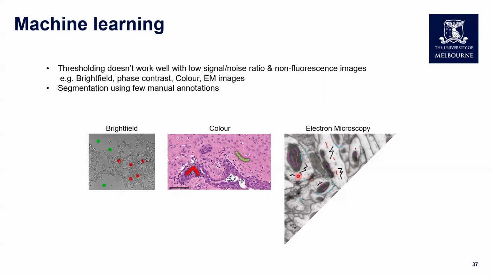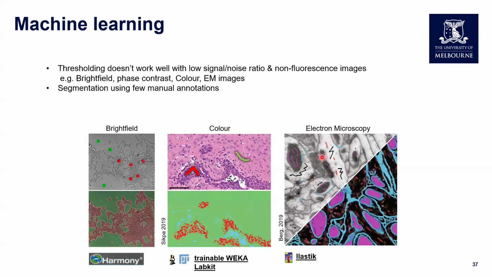Once it's done, you let the software train. It will analyze many different features of the pixels, not just the intensity, but something like the color, texture, and the surrounding context. Then it will calculate the likelihood of each pixel falling into which category, and generate probability maps, which we can then convert into a binary image.